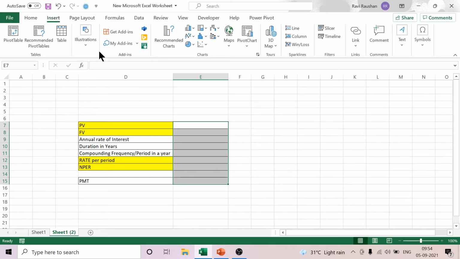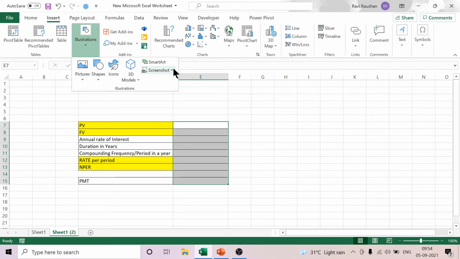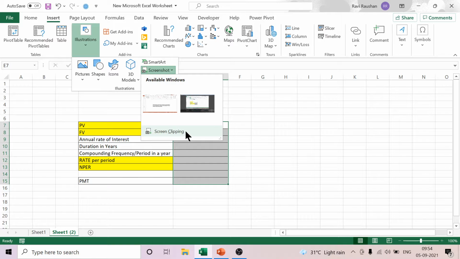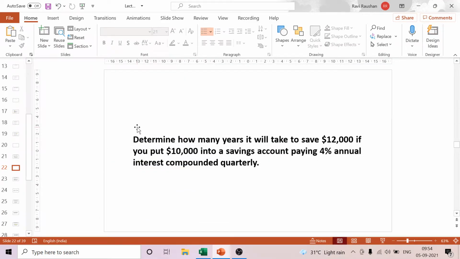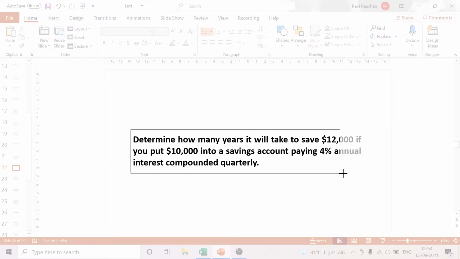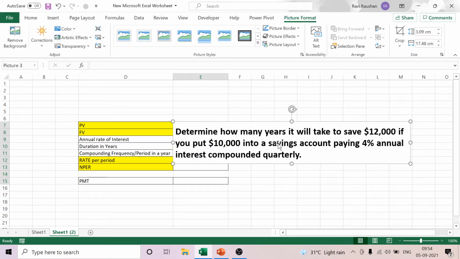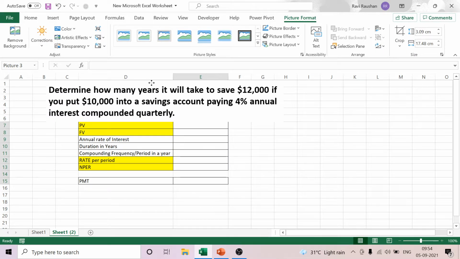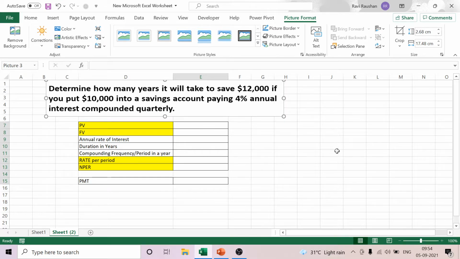Again, I come to insert, I come to illustration, screenshot, screen clipping. Let us see what they say. Now here they are saying determine how many years it will take to save 12,000 if you put 10,000 into a savings account, paying 4% annual interest compounded quarterly.